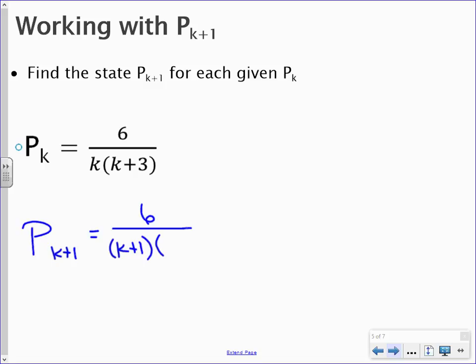But really, we can just write k plus 4. Tomorrow we're going to start here, and this is where we have to finish. So knowing what that k plus 1 term is going to look like is going to help us with our algebra, to know where to stop.